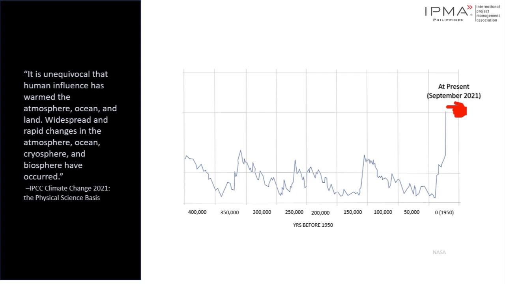For the past decades, we actually never breached the 300 parts per million atmospheric carbon dioxide level. However, during the pre-industrial revolution, there was a sudden increase in the amount of carbon dioxide in the atmosphere. At present, we are at 416.87 parts per million.